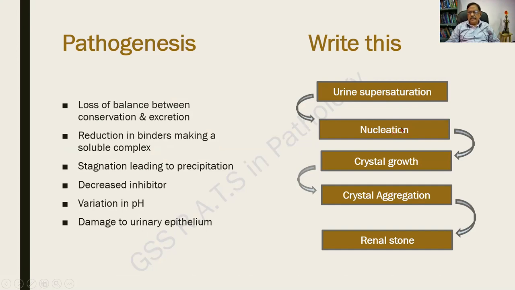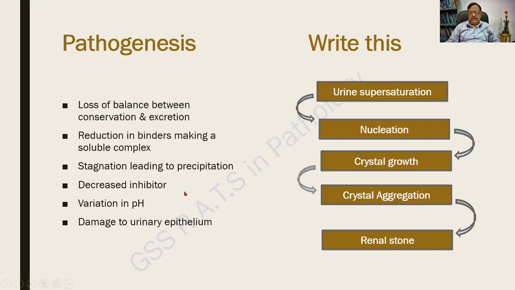Because of the nucleation, more and more material gets deposited on it, and this leads to crystal growth. And finally, there is an aggregation of all the crystals. We used to call it growth by accretion. Accretion means more and more particulate matter is deposited on top of each other, as a result of which finally we can get a renal stone.